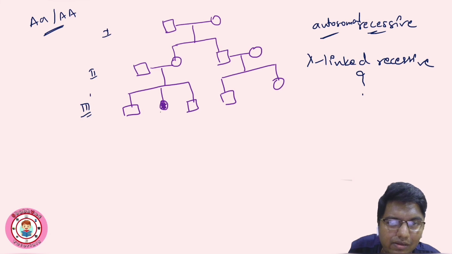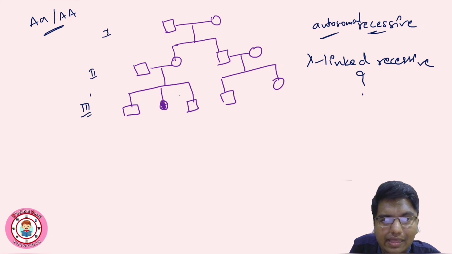It is not dominant; it is confirmed that there is no trait in the previous generations. Dominant and recessive are easy to understand because there is dominance. Dominance will show the trait in every generation, but recessive will not show the trait in some generations. It can appear after several generations also. So we can say recessive skips generations. Suppose this is X-linked recessive. As I said, recessive will skip generation, dominant will not skip generation.